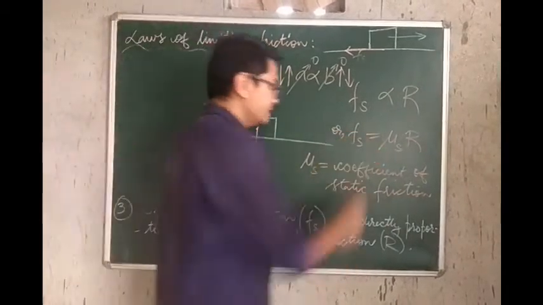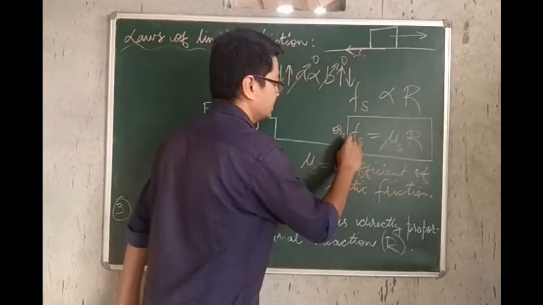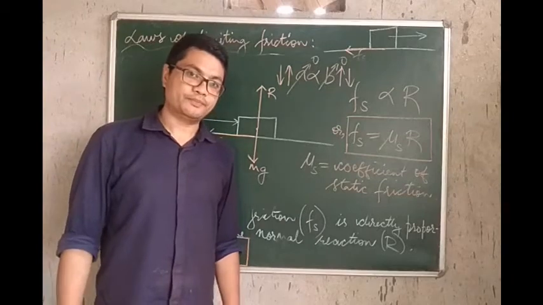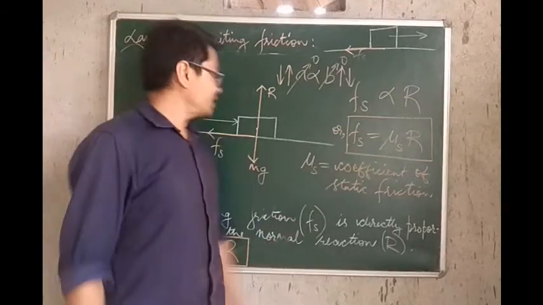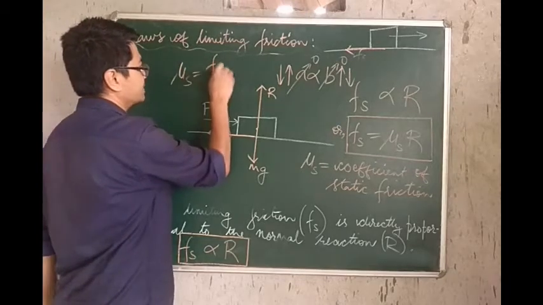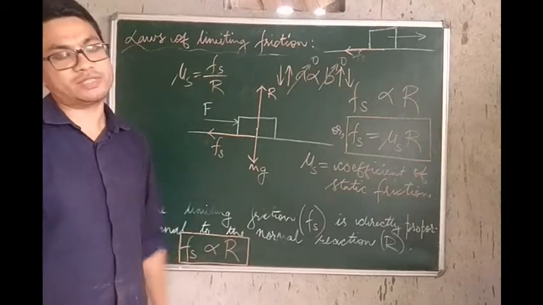So this is the first important equation that you need to remember when we talk about friction. From this very equation, of course, we can write mu_s is f_s upon R.